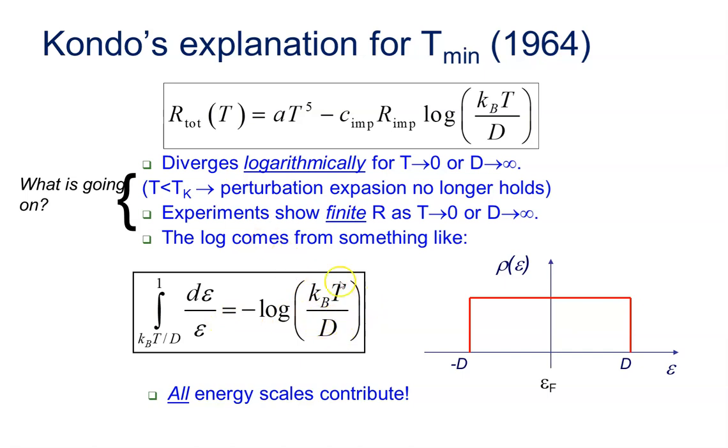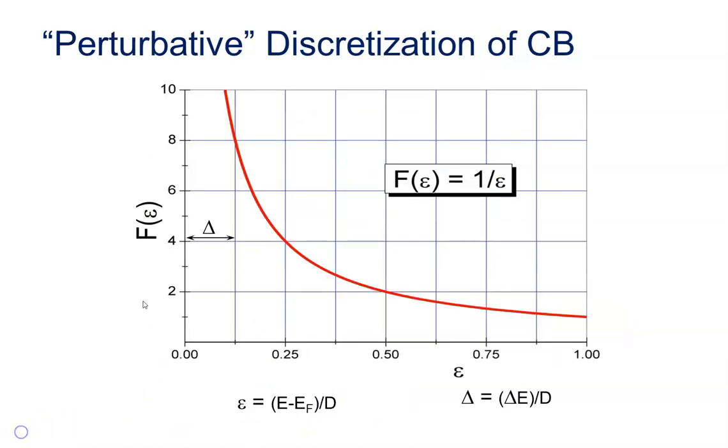This log goes to infinity, and this is not a very good way to treat your problem in this regime. So here it's important to notice that when I make an integral like that of 1 over epsilon, all energy scales contribute, and so if you do a cutoff, you run into problems. So what do I mean by all energy scales contribute? Let's take a very simple example here.